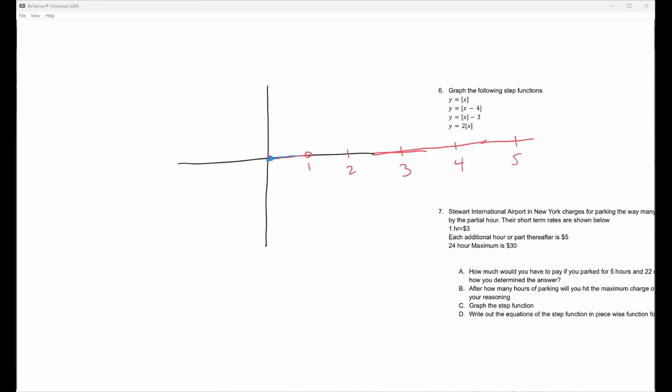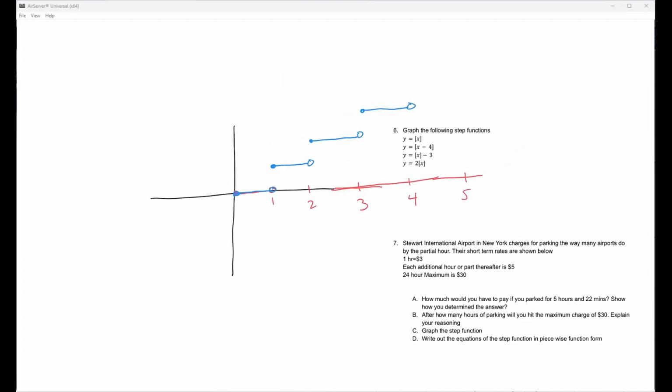Here to here is the parent. You guys remember these? So -4 would do what? It would move it to the right 4 times. So 1, 2, 3, 4. It would be right here.